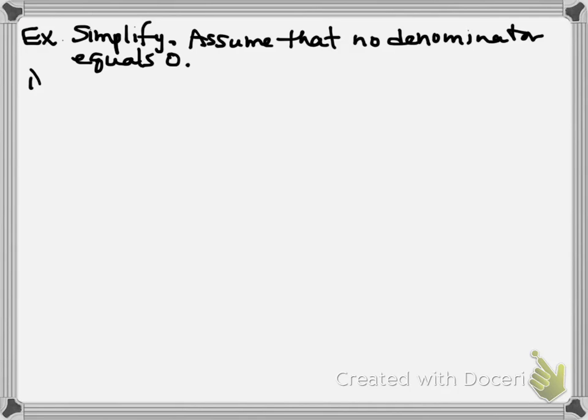And you're going to see a problem like g cubed h to the 5th divided by g h squared.